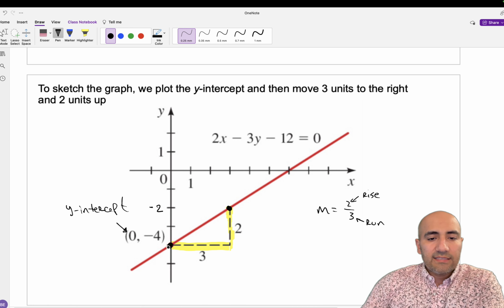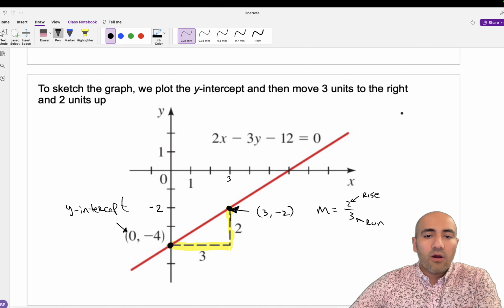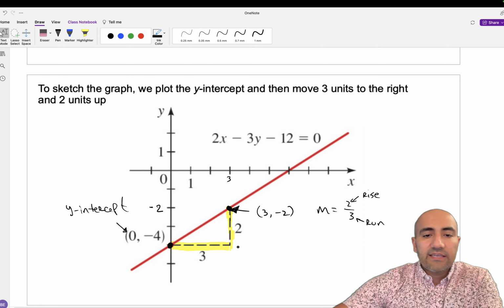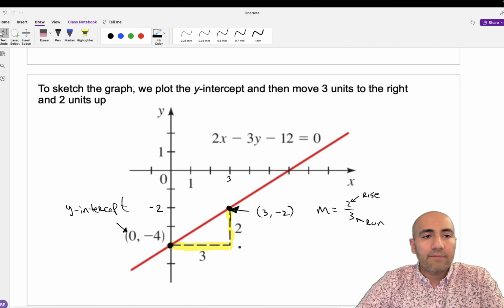Then we started at 0 and went 3 units, so we ended up at 3. That means this is the point 3, negative 2. They didn't ask us for it, but it's nice to identify it. So we have 2 points on the line, and we can draw the line that connects them, and that's how we can sketch the line using the slope-intercept form.